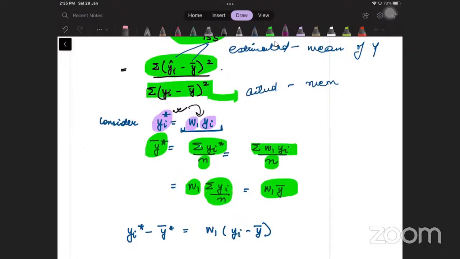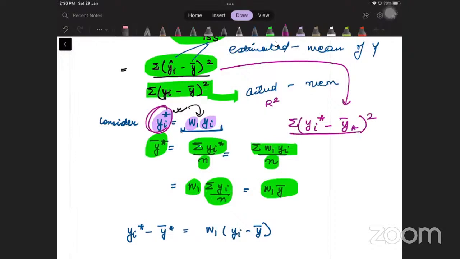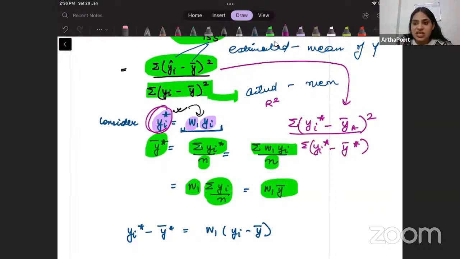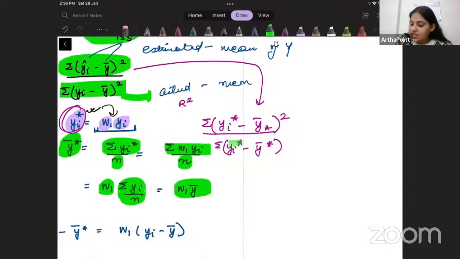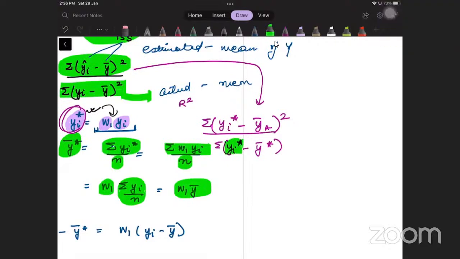So therefore, if I want to find R square for the y star variable, it will be summation yi star minus y star bar whole square upon summation yi star minus y star bar whole square. And what I have seen here is that when I scaled yi star as w1 yi, its mean also scaled.